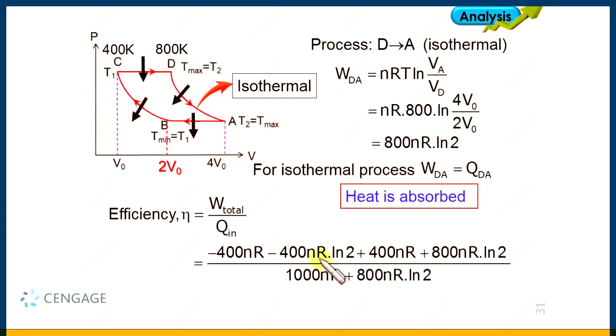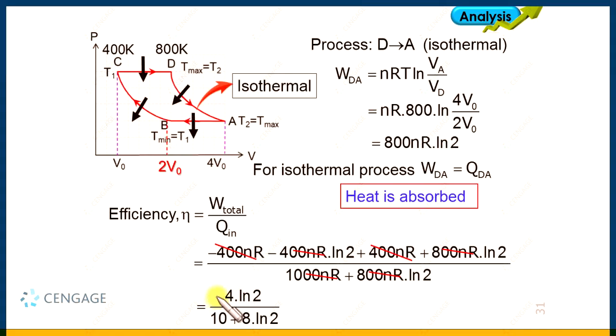So, we can write this, right, and further calculation allows us to solve like this, and the final value will be this much. Okay. If we multiply this expression by 100, we can write the efficiency in the form of percentage.